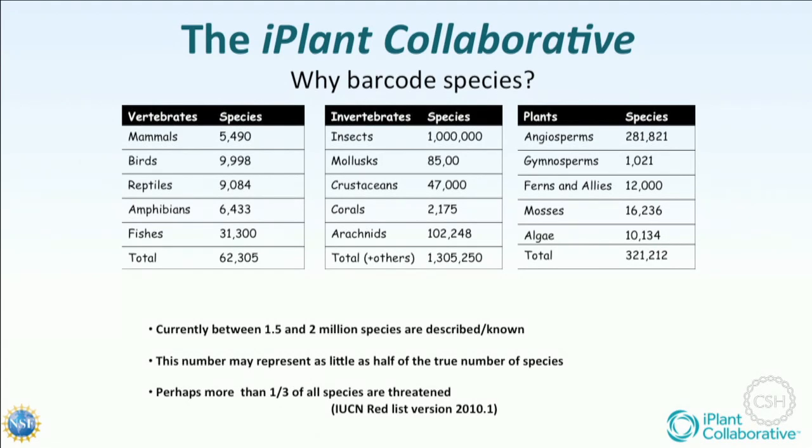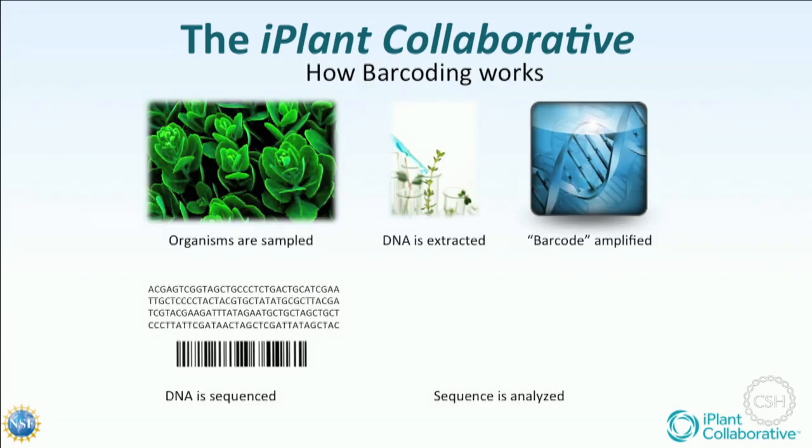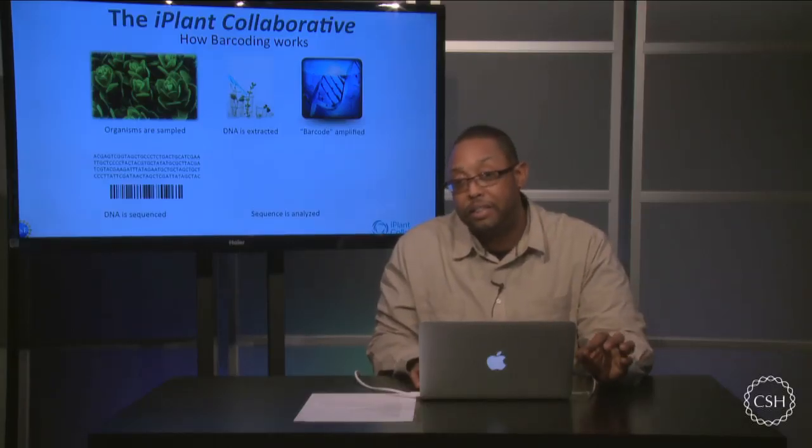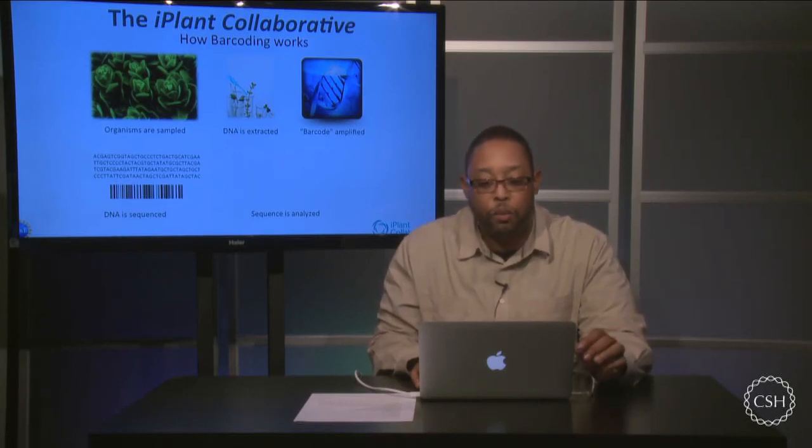Now, one of the main things that we're going to be focusing on for this webinar is actually the extraction part, but let's talk about the series of events that's going to take place and how barcoding actually works. One, we're going to collect the sample, and that sample can be collected from just about any organism. Just make sure that you're going about it in a very respectful way. Nonetheless, the storage of those samples should be kept at maybe minus 80 degrees Celsius in ethanol at the highest concentration, at least above 95%, or you will start to experience degradation of the physical sample.